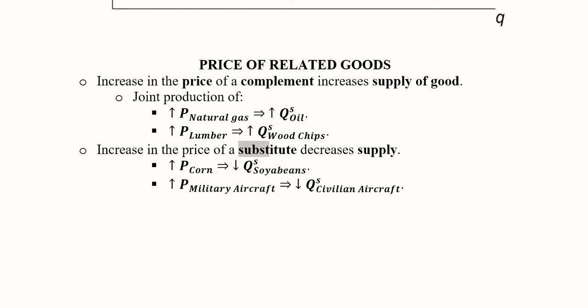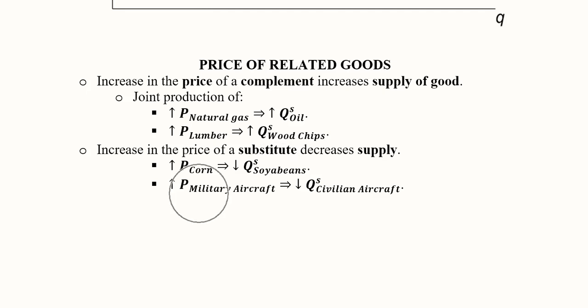When we talk about substitutes, we have to consider that if the price of corn increases, it is going to decrease the quantity supplied of soya beans, because more expensive corn will lead to greater supply of corn, and the supplier will be less interested in supplying soya beans.